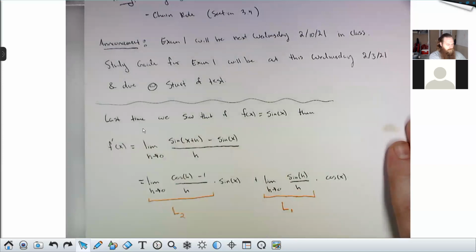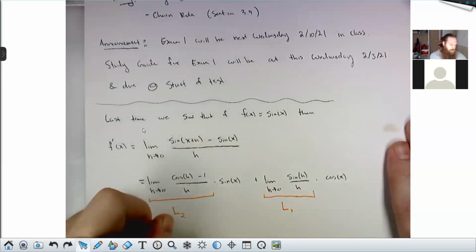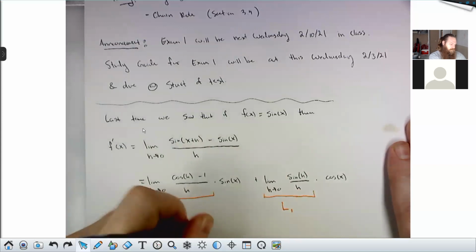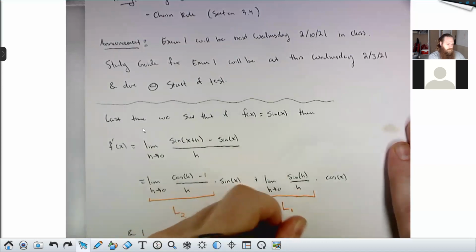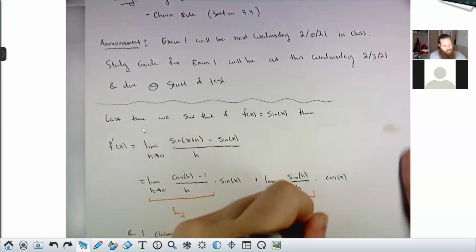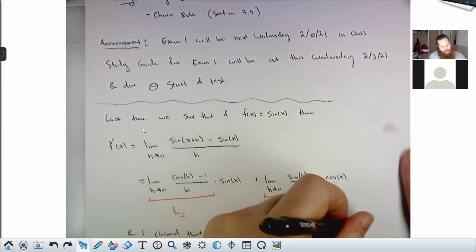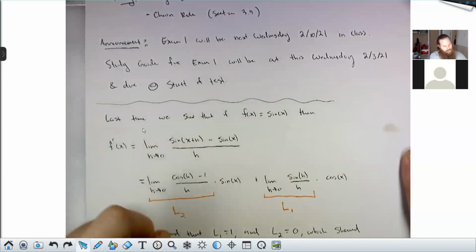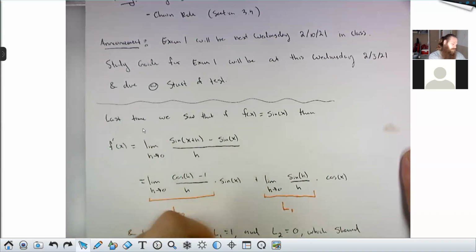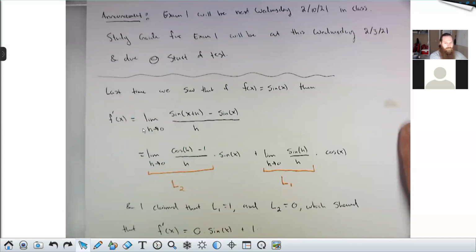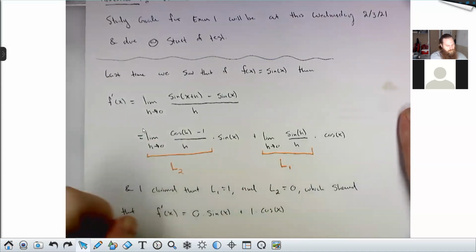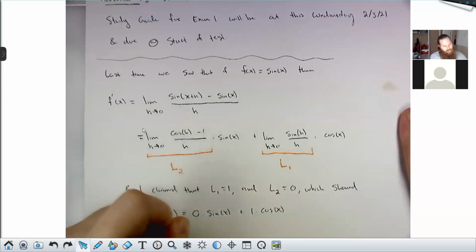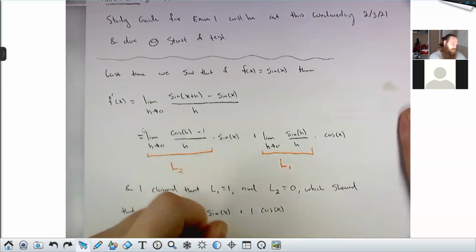I claimed that L1 is equal to 1 and that L2 is equal to 0, which showed that f prime of x here was equal to 0 times sine x plus 1 times cos of x, i.e. that the derivative of sine was cosine.